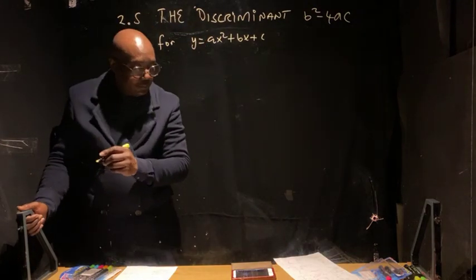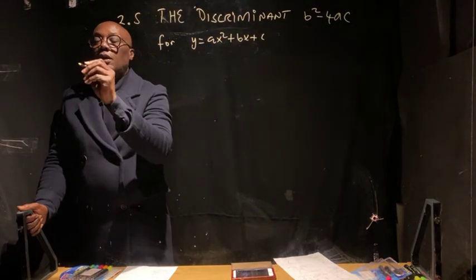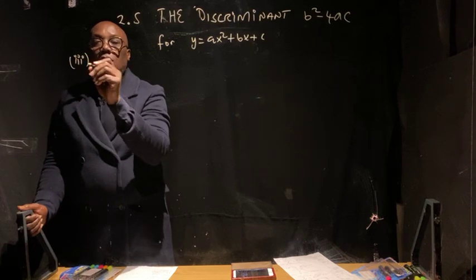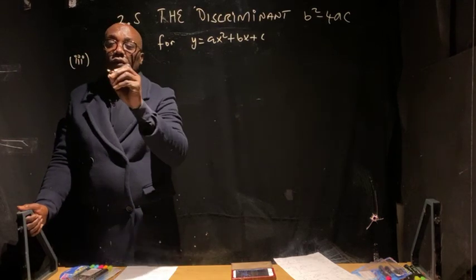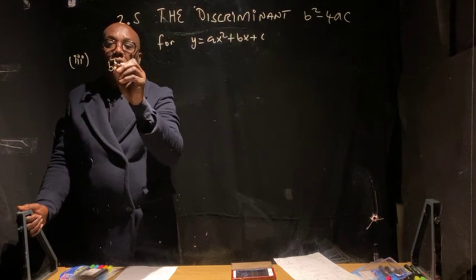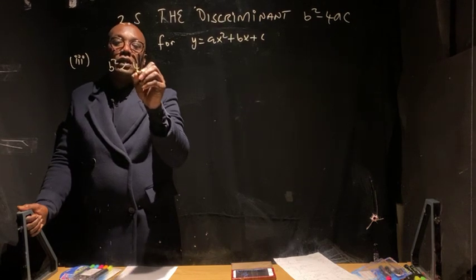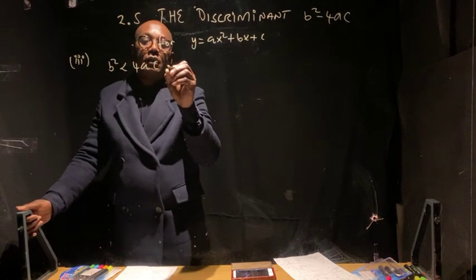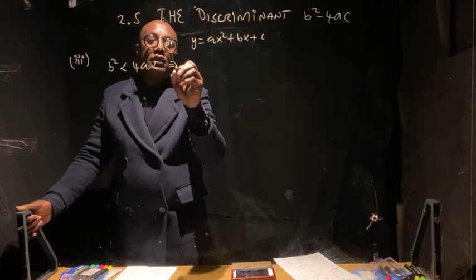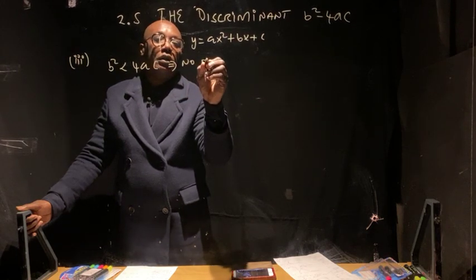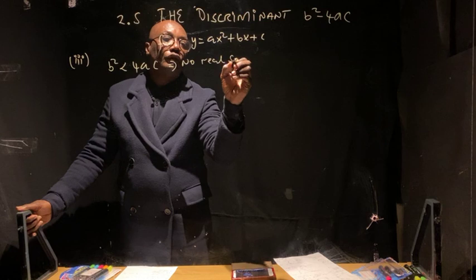The next one will be the third one. For a given quadratic equation, when b squared is less than 4ac, then it implies no real solution.